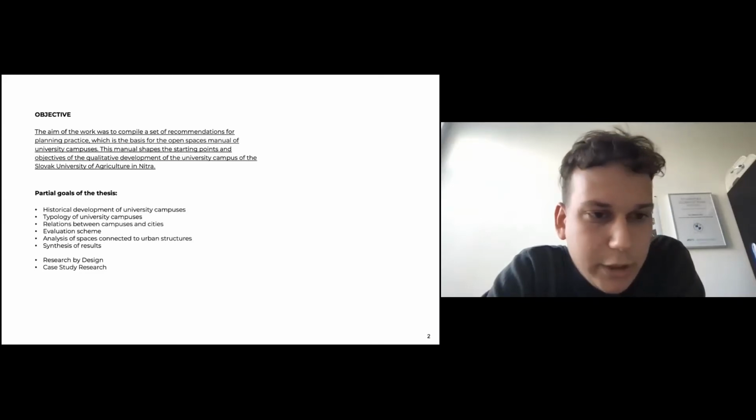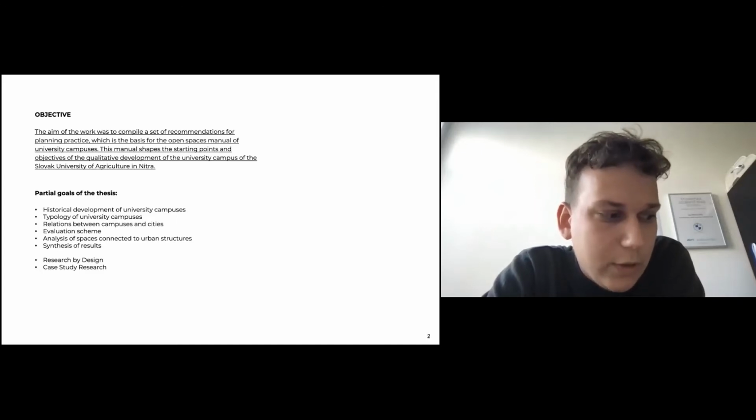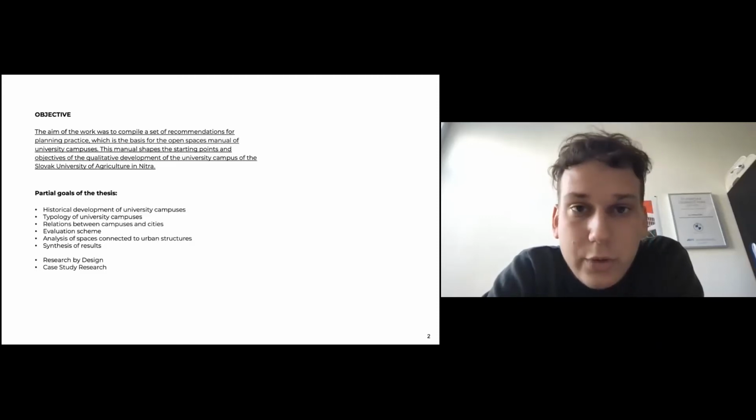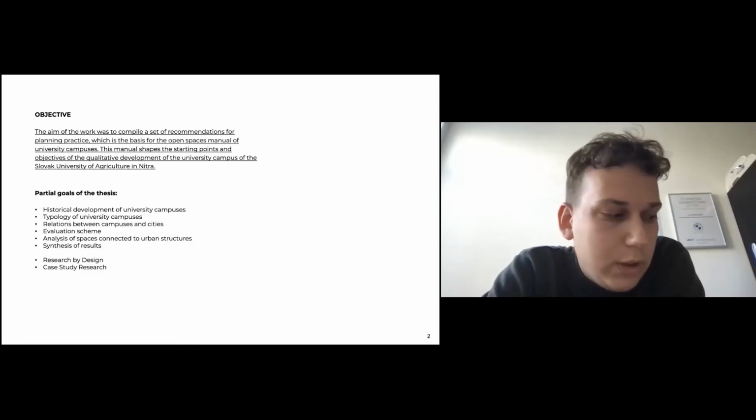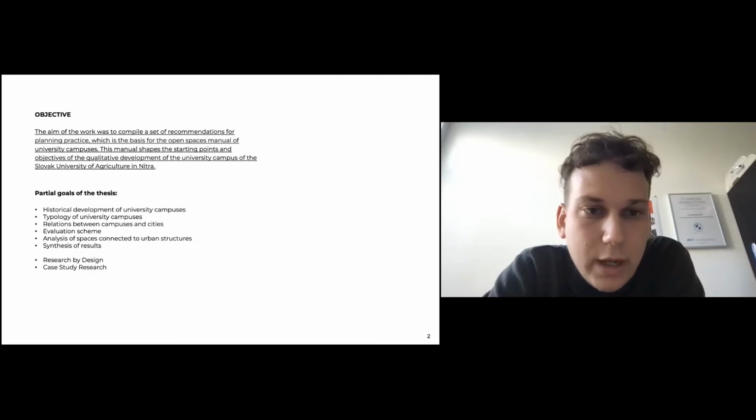Several partial goals lead to the fulfillment of this goal, where I consider the compilation of a typology of university campuses to be one of the most important, which later also leads to the methodology of selecting university campuses for evaluation.